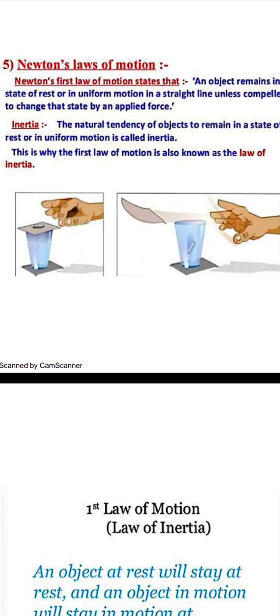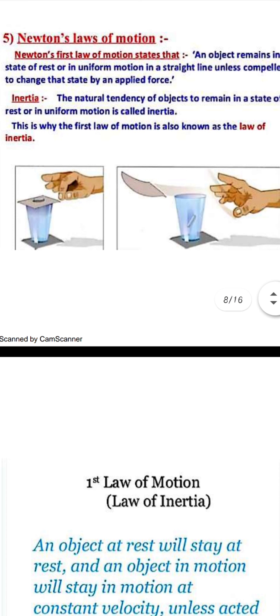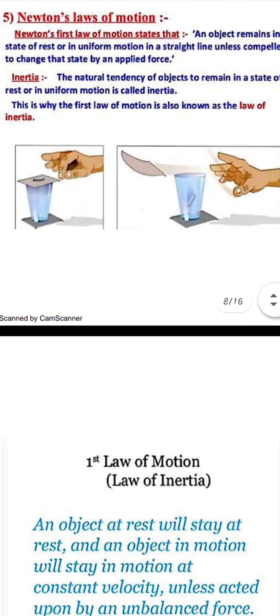Similarly, when a ball is rolling down, we have to apply some force to stop it. So a body remains at rest or in motion only unless acted upon by an external force. When the external force is not applied, we cannot change the state of rest or motion of the object. So this first law is also said to be the law of inertia.